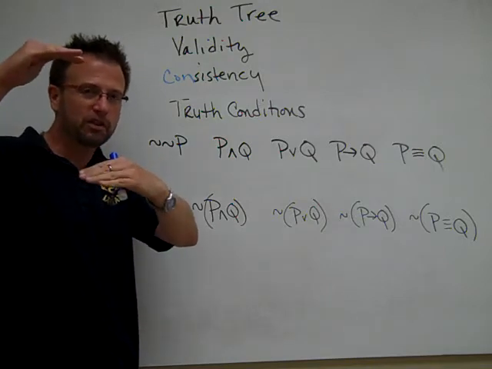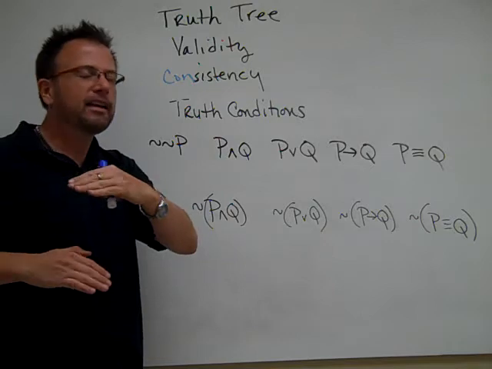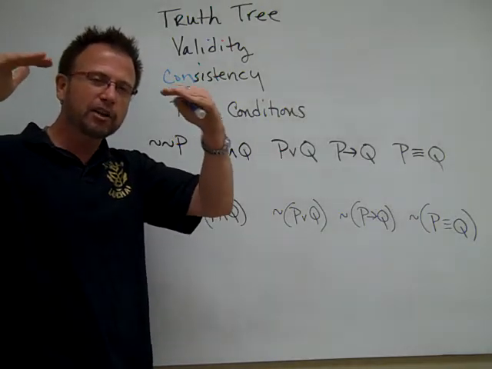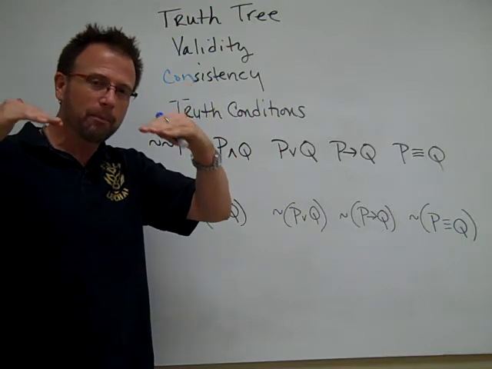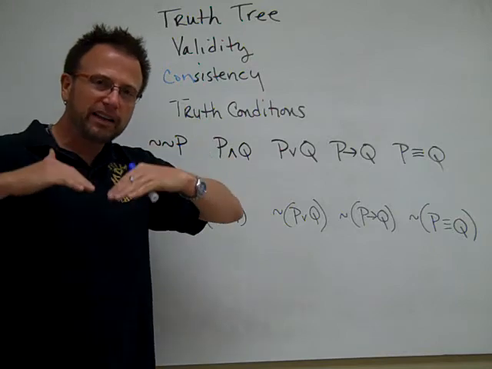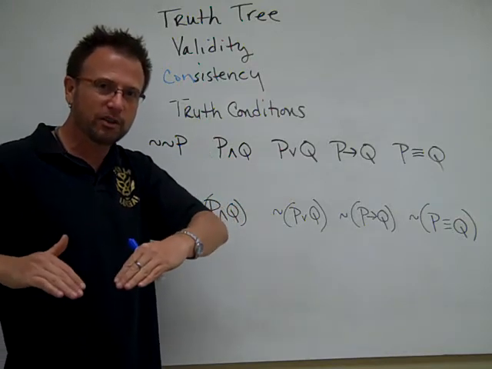So I list the premises as true, and then I make the conclusion false, and then all I do from that point forward is translate each of the statements in the set that we're testing into the circumstances that make those statements true.